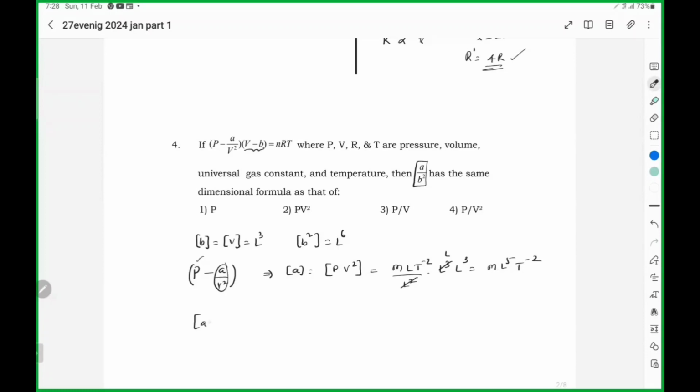Now to get the dimensional formula of A by B square, A has dimensional formula m L power 5 t power minus 2, which gives m L power minus 1 t power minus 2, the same as pressure. Pressure is force per unit area, m L t power minus 2 by L square. So the dimensional formula of pressure is this, first option correct.